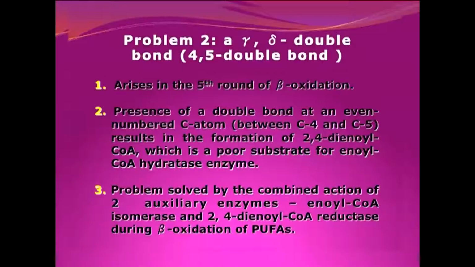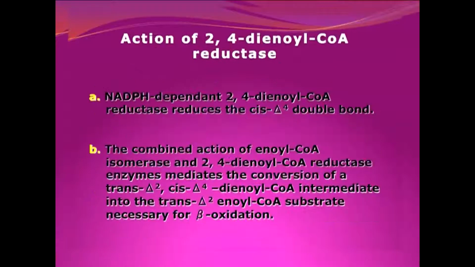So, what happens? 2 different enzymes come and solve this problem. The first one is called the enoyl-CoA isomerase, and the second one is called the 2,4-dienoyl-CoA reductase. Coming to the action of the enzyme 2,4-dienoyl-CoA reductase, this is an NADPH-dependent enzyme.